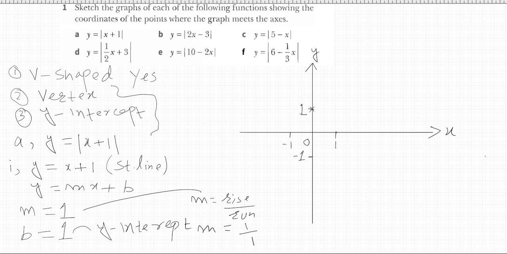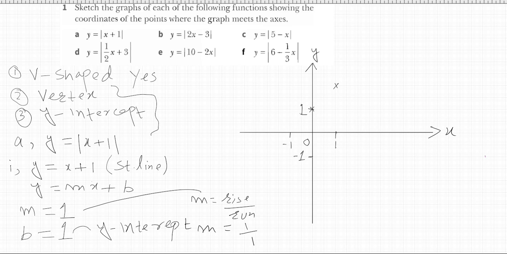So it means our rise is 1 and our run is also 1. So make this y-intercept the reference point. Rise means go up 1 point, and run means go 1 to the right. So the first point is this.